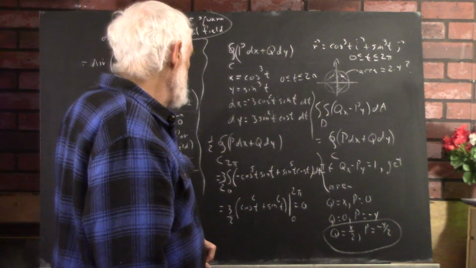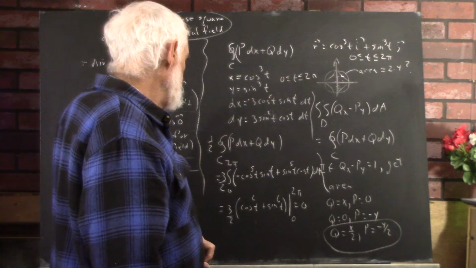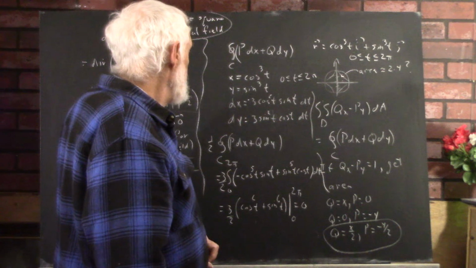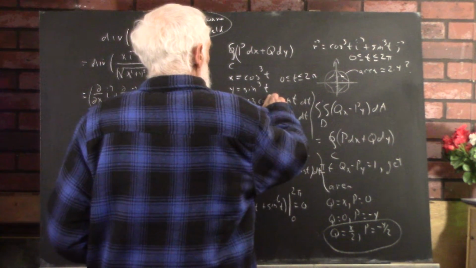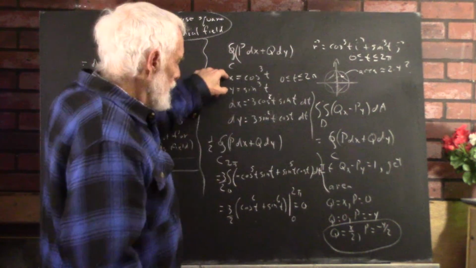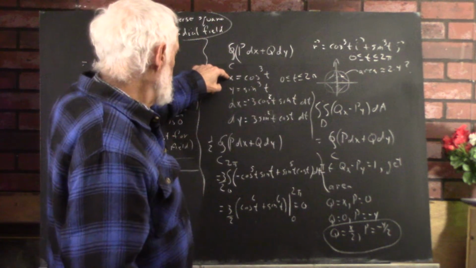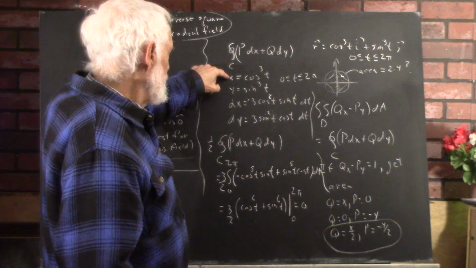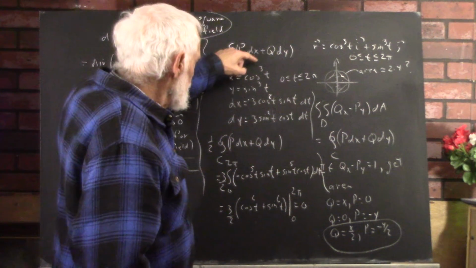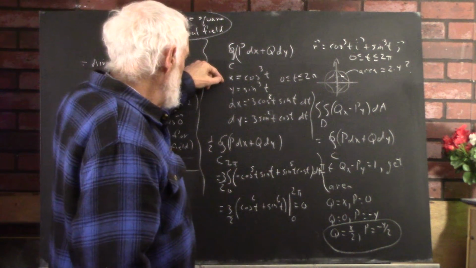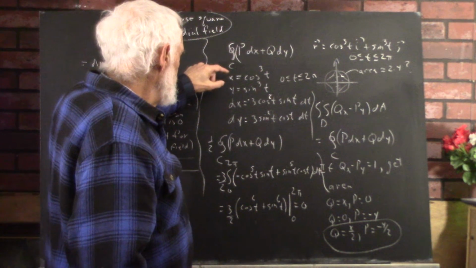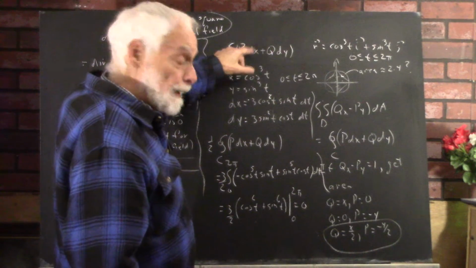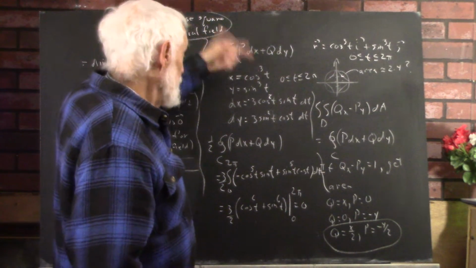So our integral of p dx is going to be x over 2, which would be cosine cubed t over 2. p dx is x over 2 dx.